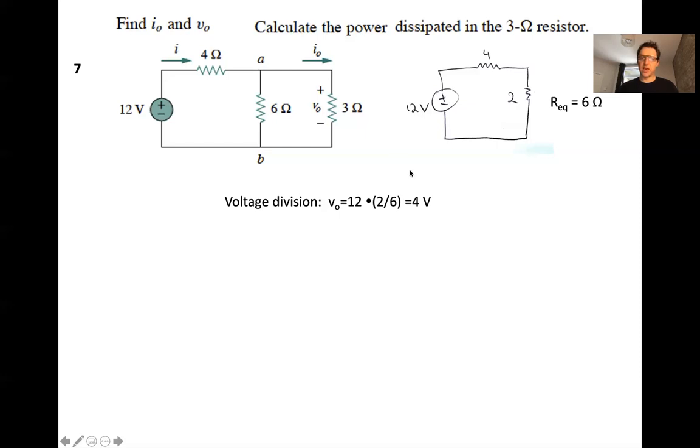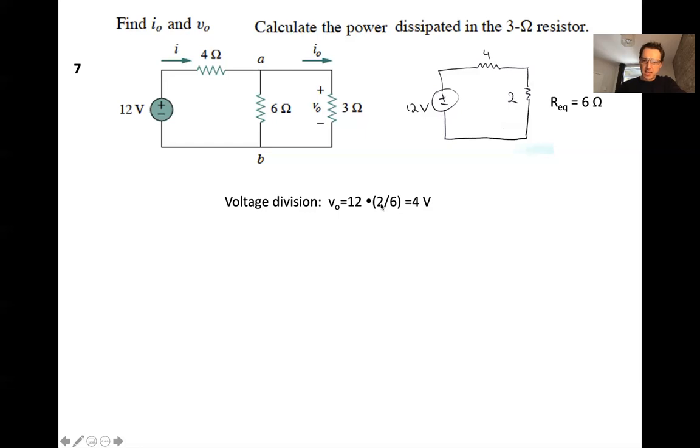So this is the picture that you want if you're looking to apply voltage division, because you have a source voltage that's connected in series to 2 resistors. So we know that 2/3 of this voltage are going to be dissipated across the 4 ohm, and the remaining third will be dissipated across the 2 ohms.